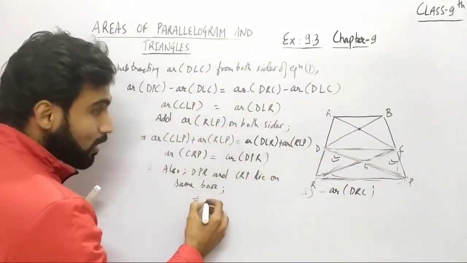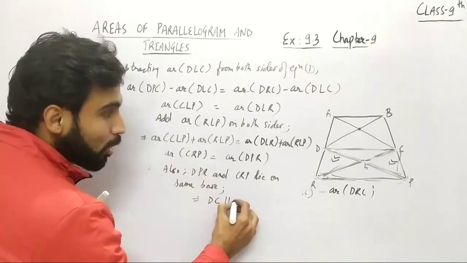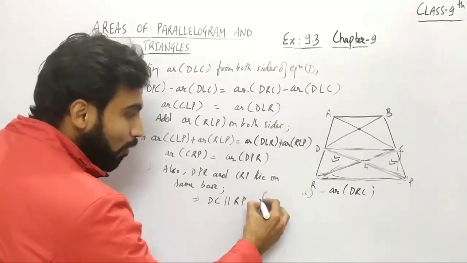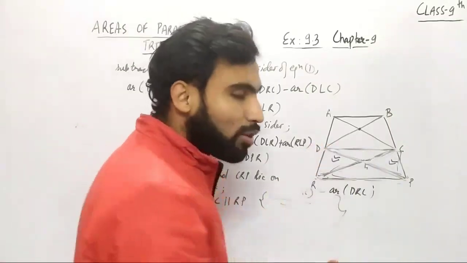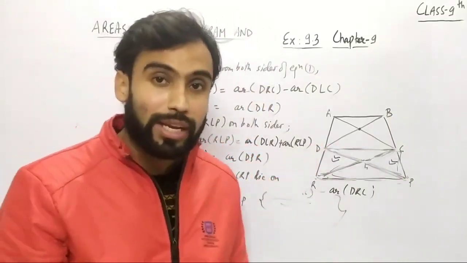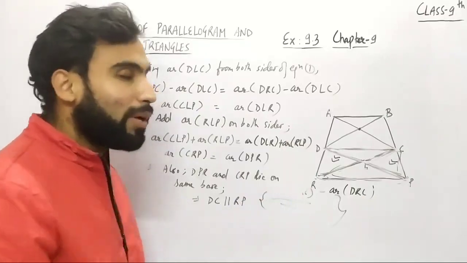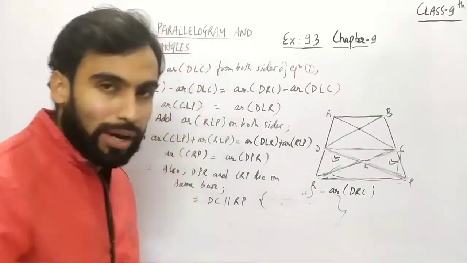So this implies that DC is going to be parallel to RP. You can write down the reason that triangles lying on the same base and having equal area lie between the same parallels. You can write that in the bracket, right?